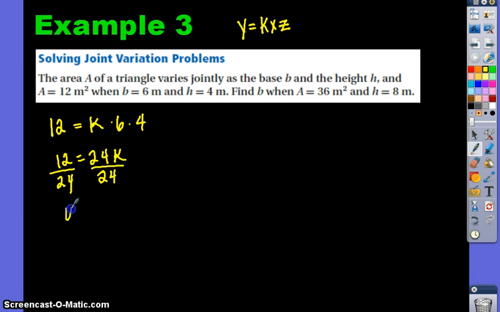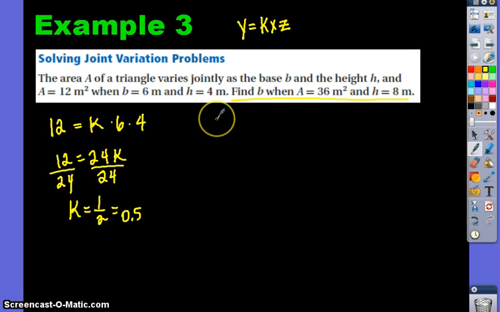We know that k is equal to 1/2, which is 0.5. All right, so now that we know what k equals, we can use it to help us find this second little bit of information.